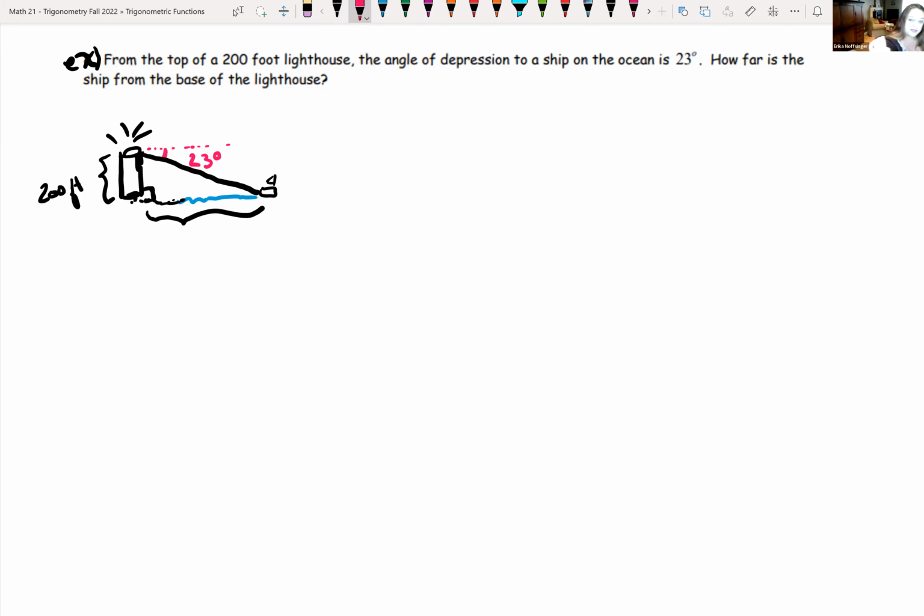Well, because we know that the angle of depression is 23 degrees, we can find the angle inside of our triangle. We know that from that horizontal line to our vertical line, that should sum up to 90 degrees. So we have that angle in here is 90 degrees minus 23 degrees, which gives us 67 degrees.